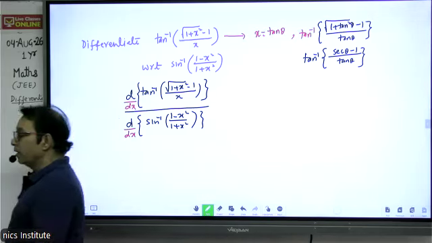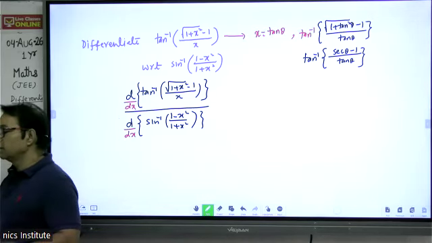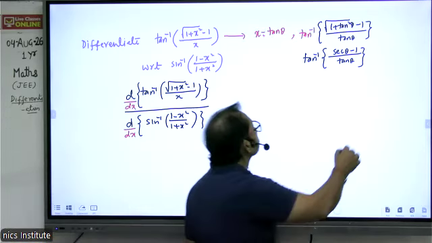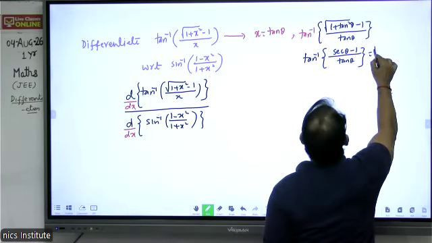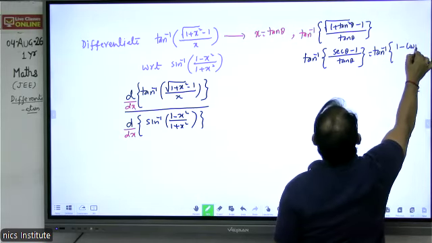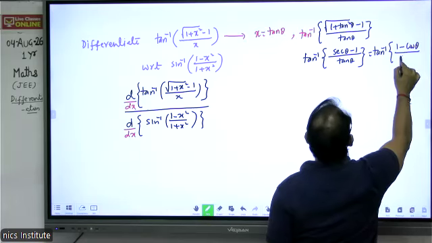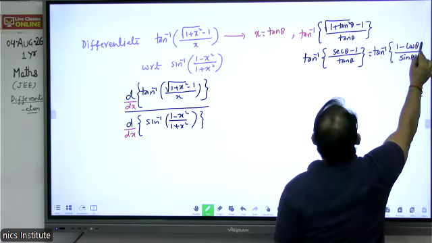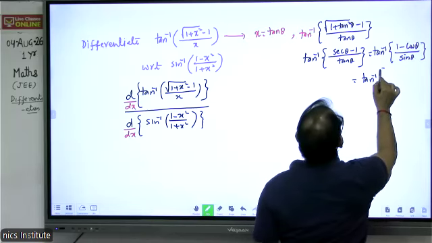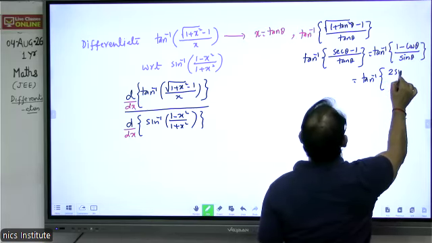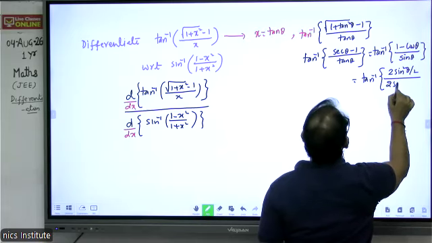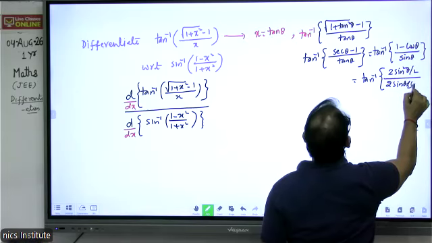Further simplify in terms of sine and cos. 1 minus cos theta is 2 sine square theta by 2, and sine theta is 2 sine theta by 2 cos theta by 2.